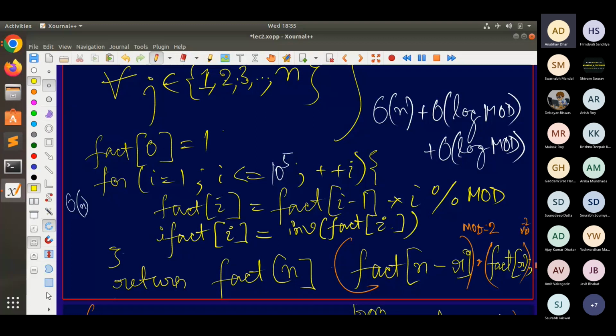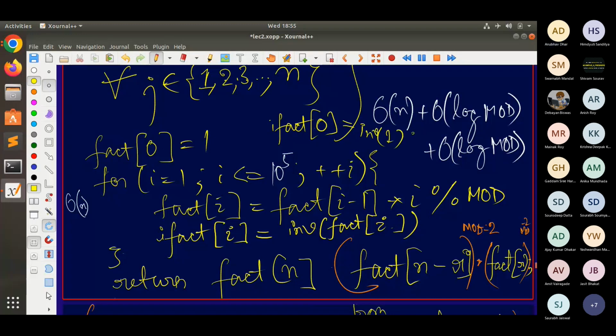So what would be the inverse of factorial 1? Anyone? Sorry, they would be the same. But sure, you can call the function inverse of 1 and get it calculated.